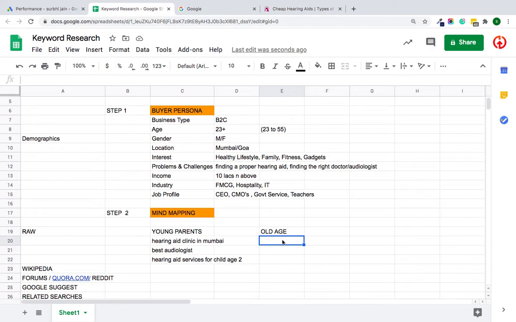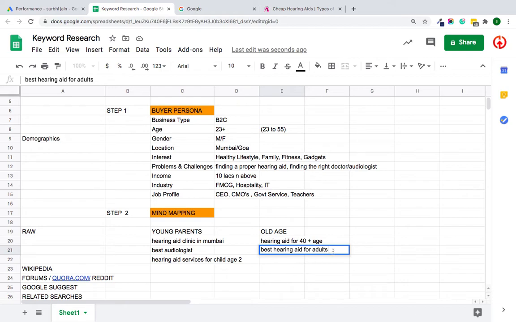When we talk about old age, it could be even parents, it could be themselves as well. Hearing aids for 40 plus age, best hearing aid for adults.